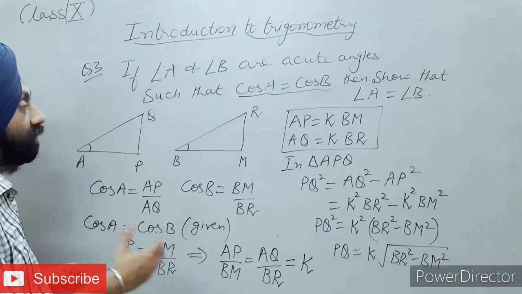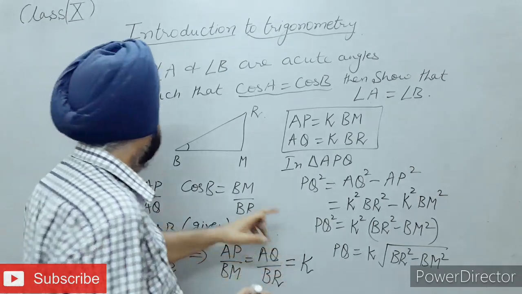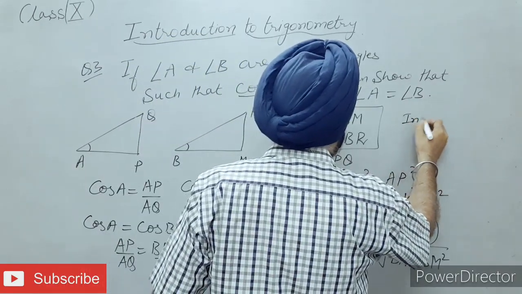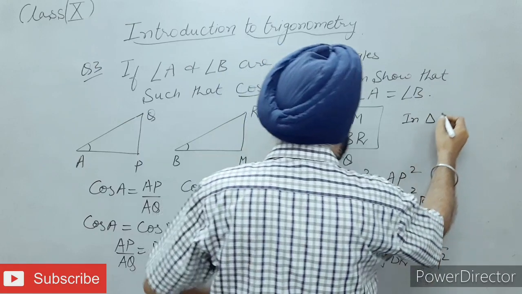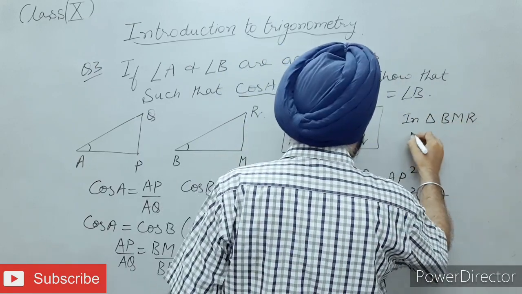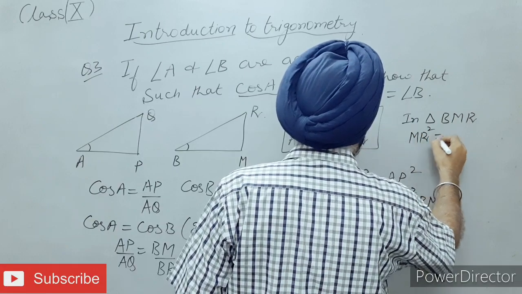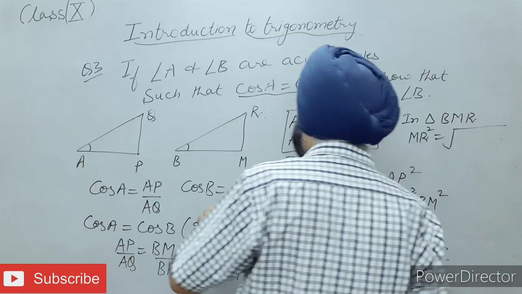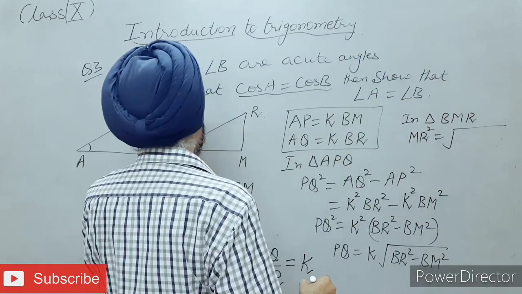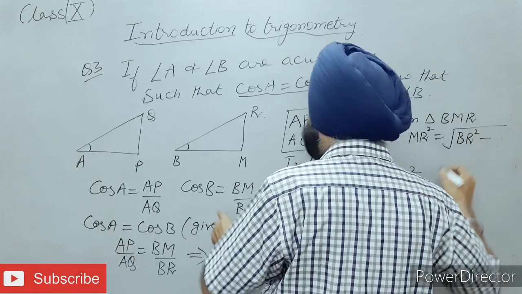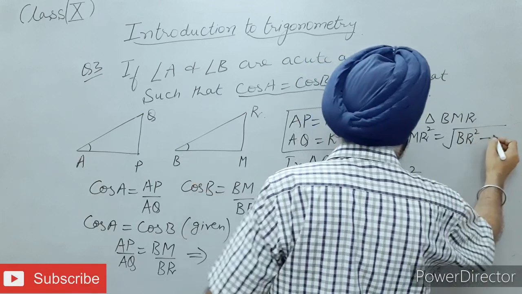Now what we will do next is calculate MR in triangle BMR. We get MR is equal to under root of BR square minus BM square.